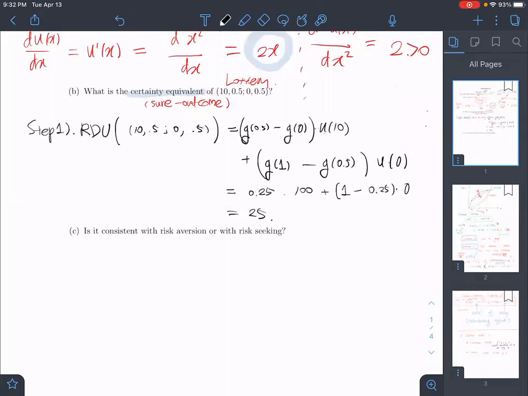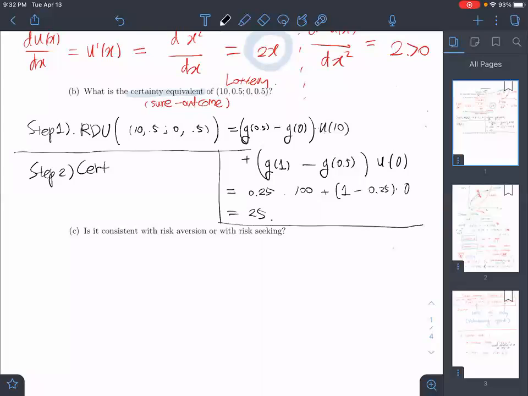Step 2. I should have made more space here. I thought this was enough. Step 2. Okay, so step 2, get the certainty equivalent. If there's only one outcome, it's a certainty, a sure outcome, okay? Then my RDU or expected utility, they're all the same. It becomes U of that certainty. Let me call it C. C stands for certainty.